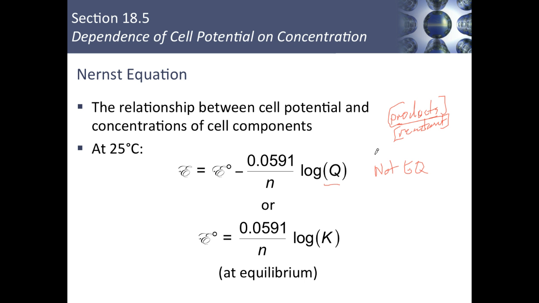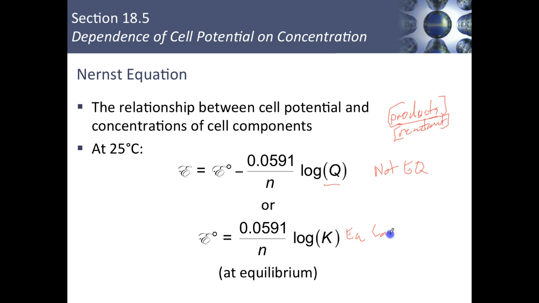Now, if the reaction actually is already at equilibrium, we're going to do the same exact thing, but notice here we don't have to subtract anything. Our standard cell potential is still going to be that value, which is a calculated value, divided by the number of moles of electrons times the log of K. K is what we call our equilibrium constant.